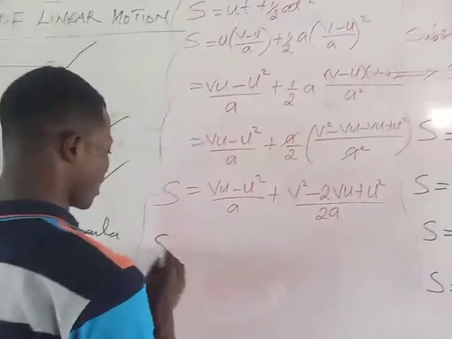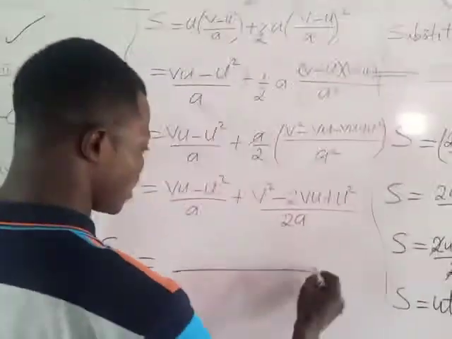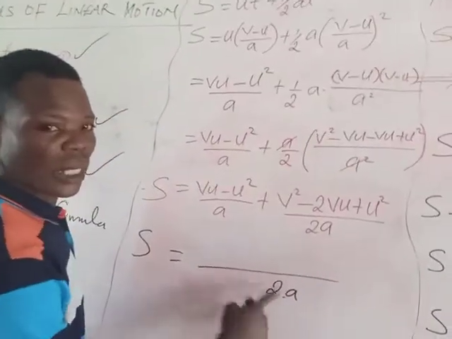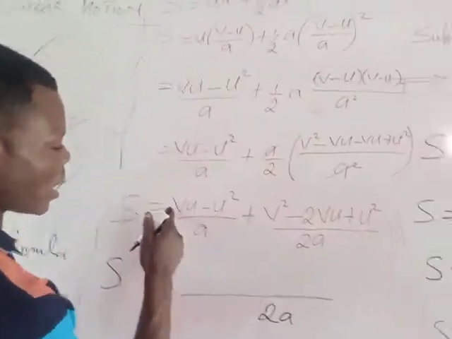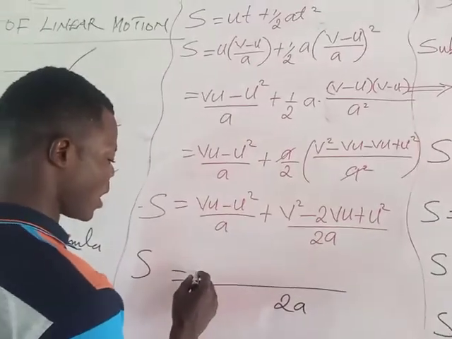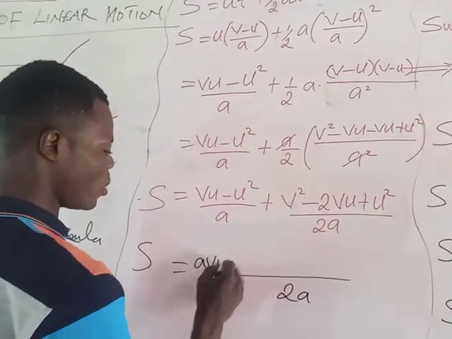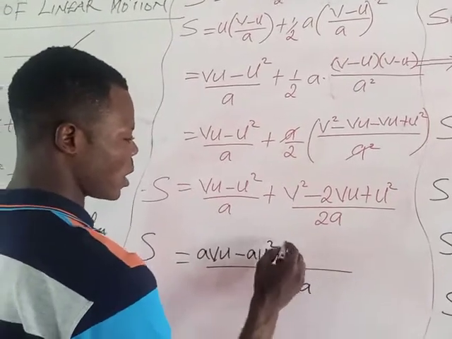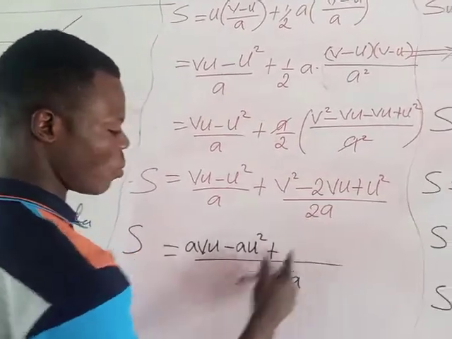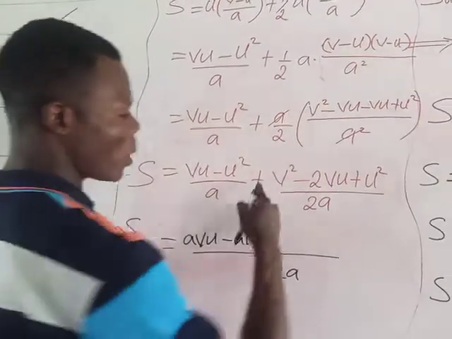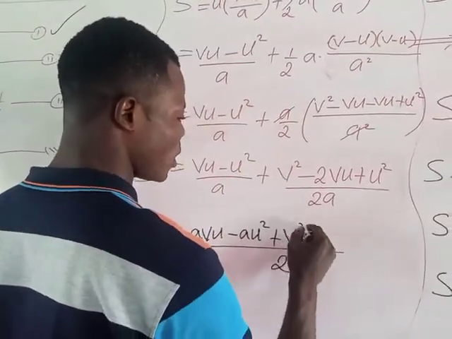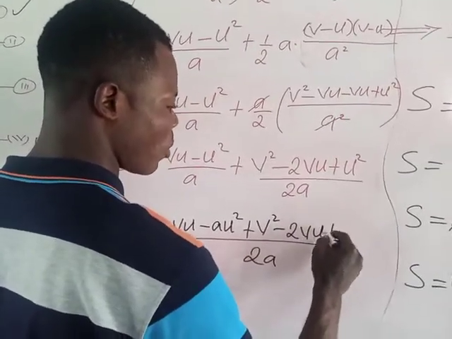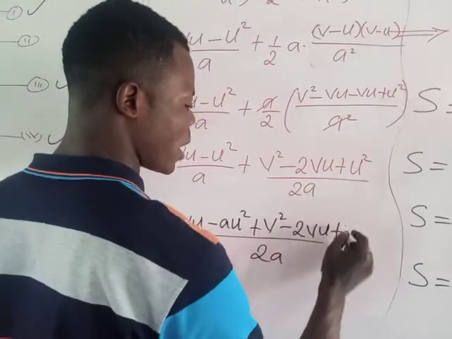I will get x equal to, the LCM is 2a, so 1 goes into a is a, and a times everything here, I will get avu minus au squared, plus this goes in 1 times everything here gives me v squared minus 2vu plus u squared.